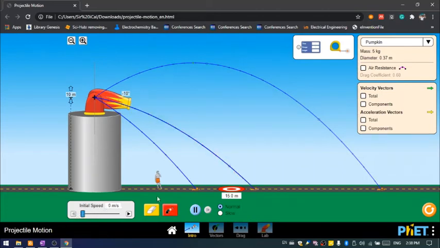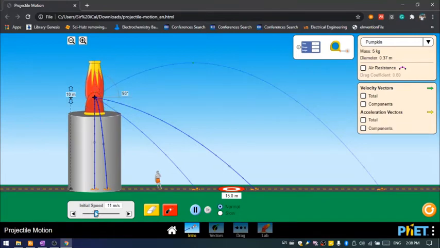You can say initial speed is 0, of course. It's not going to go anywhere because your initial speed is 0. Come on. 1, let's say 1. No. Okay. So why do we have like that? Alright, we don't see anything.